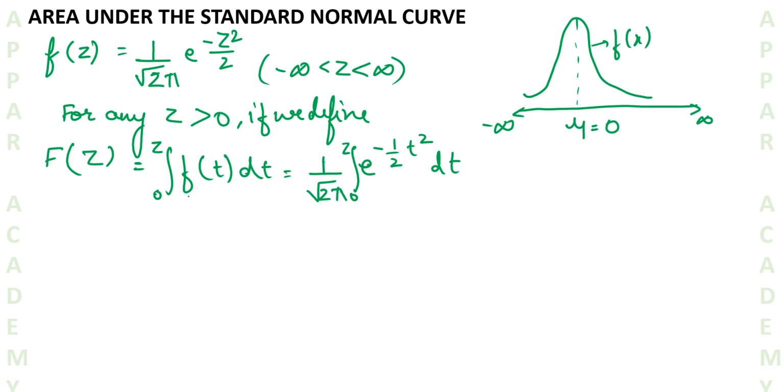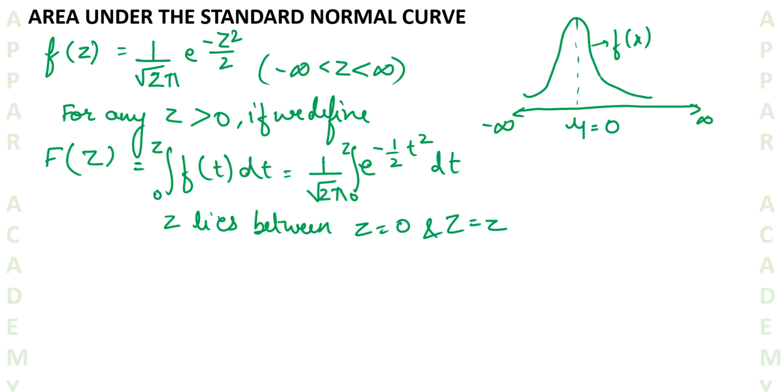So if I am integrating it from 0 to z, this is nothing other than the area under the standard normal curve where z lies between z equal to 0 and z equal to small z. Is this true? When we integrate that density function, we are simply integrating the values of the probabilities that z lies between 0 to z, right?